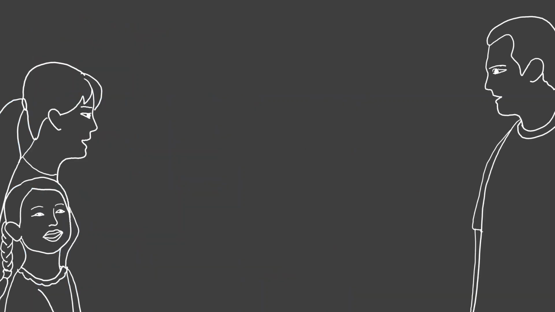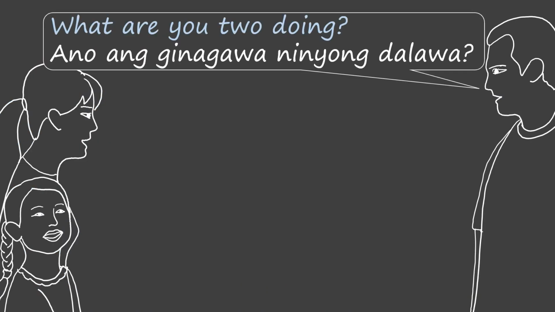Let's continue. What are you two doing? Ano ang ginagawa ninyong dalawa? What are, ano ang; you, ninyo. Ninyo is the plural form of you, the possessive form, because the doing belongs to you.